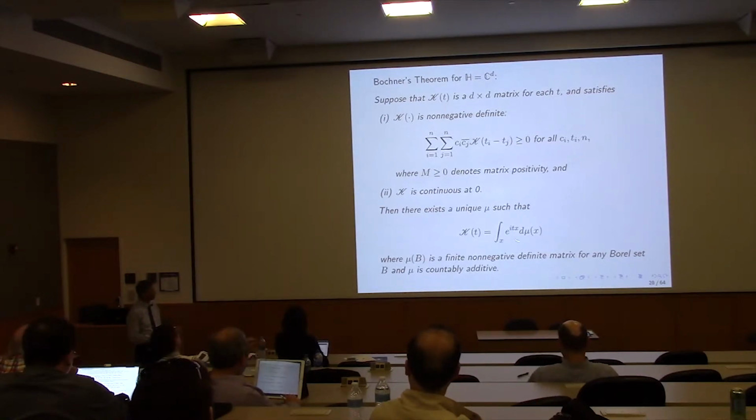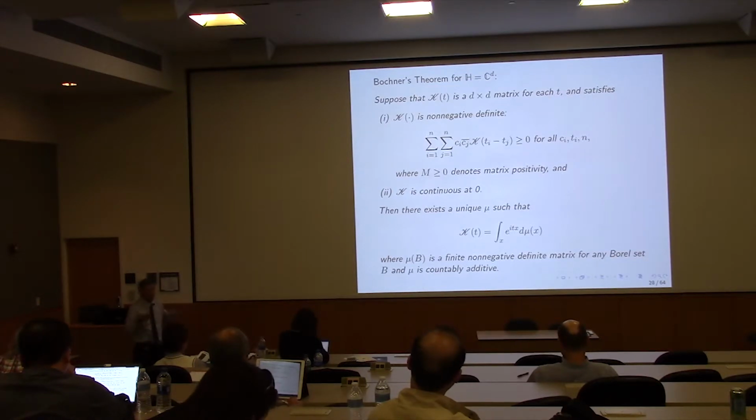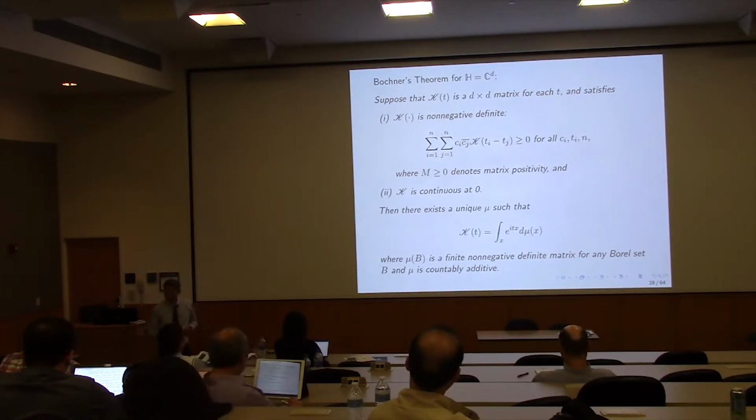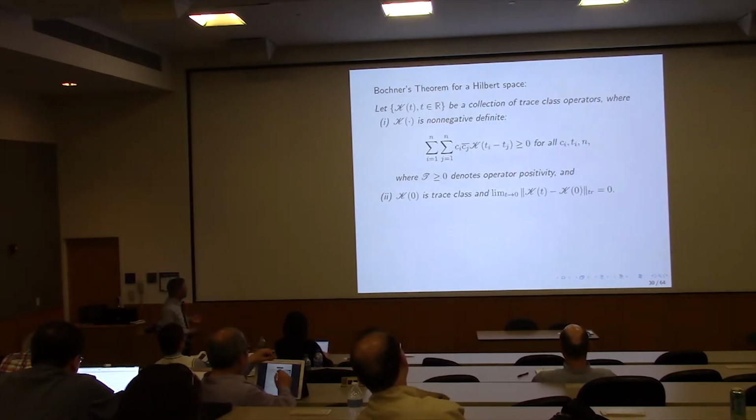Right? Everything else remains the same. In that case, we still have Bochner's theorem, which looks exactly like before, except that mu here is going to be a matrix of signed measures that are non-negative definite.